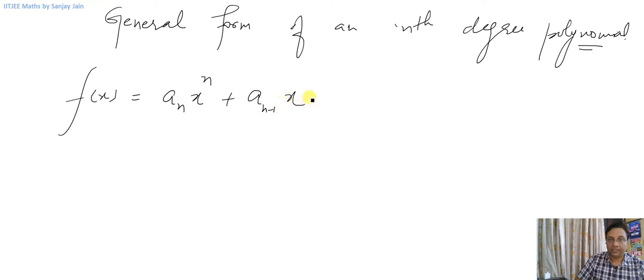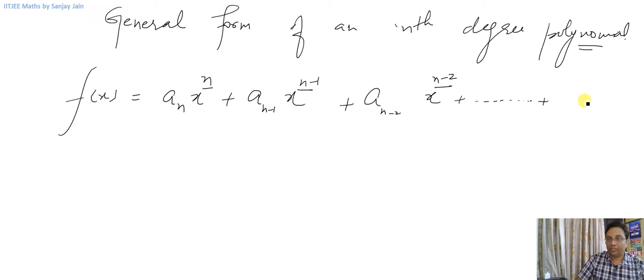So if I have to write an nth degree polynomial f of x in its general form, I can write an x raised to power n plus an minus 1 x raised to power n minus 1 plus an minus 2 x raised to power n minus 2, and so on. The powers of x will keep on decreasing and ultimately it will become 0.